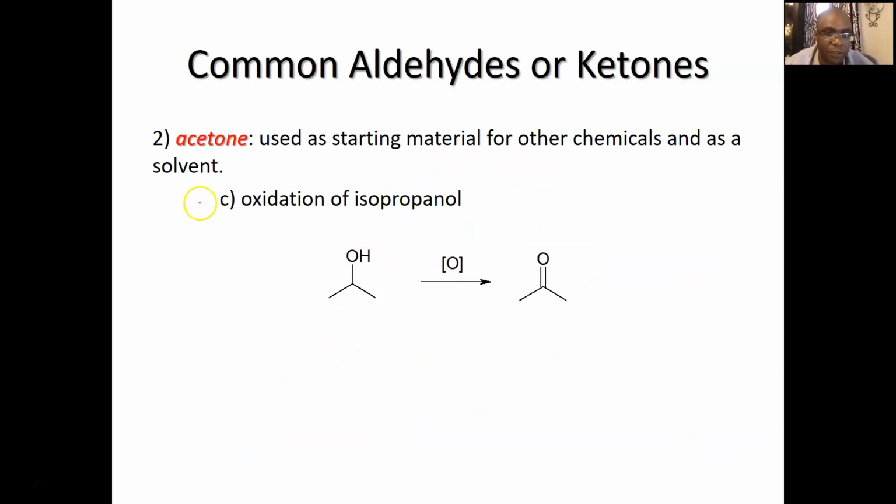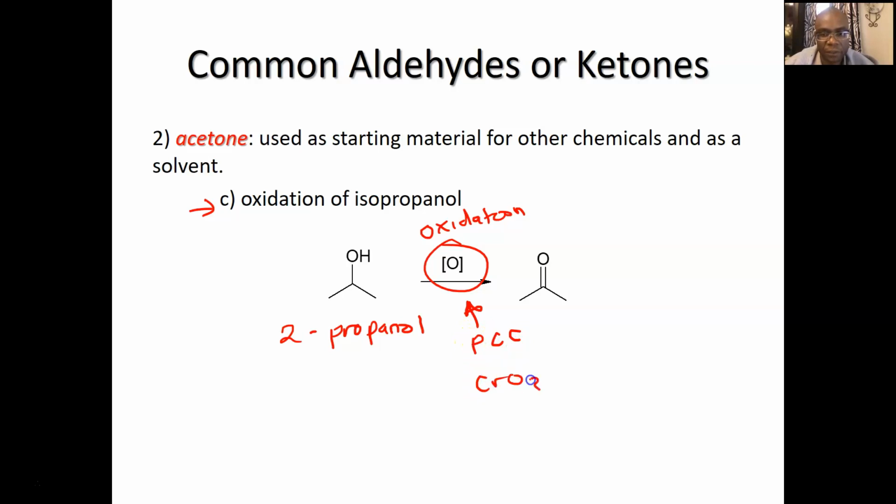So you can also oxidize isopropanol, otherwise called 2-propanol. This is a sign for oxidation. Remember we talked about alcohols in chapter 7. I'm not doing chapter 8. So you can use pyridinium chlorochromate or you can use Jones reagent.